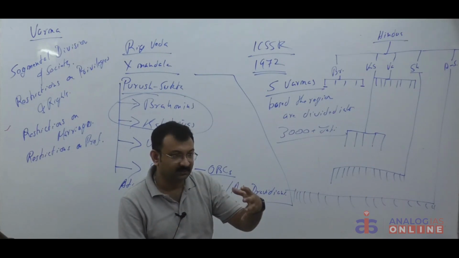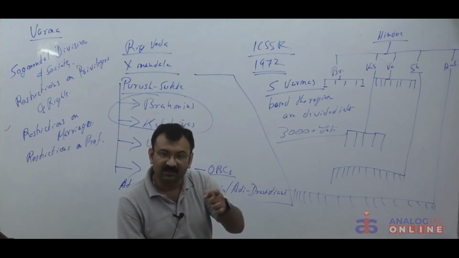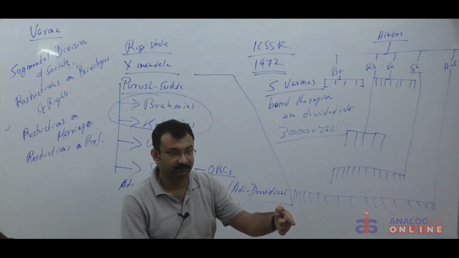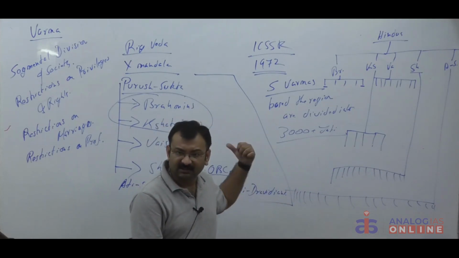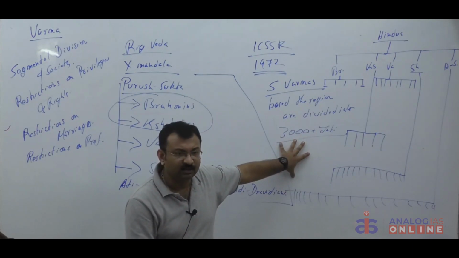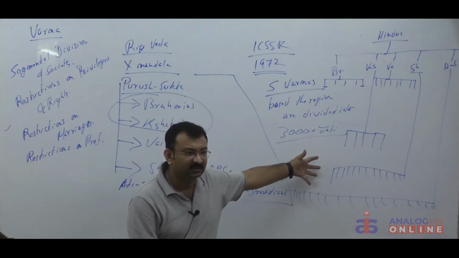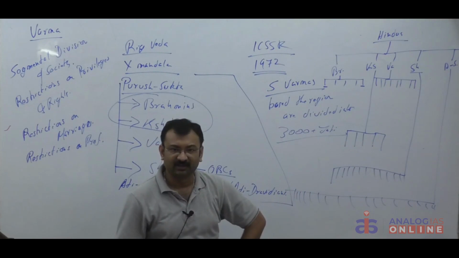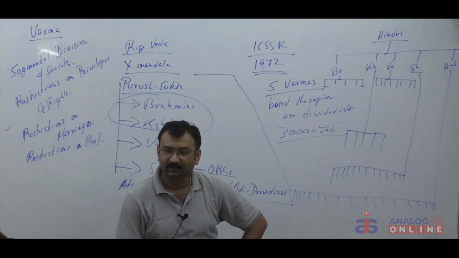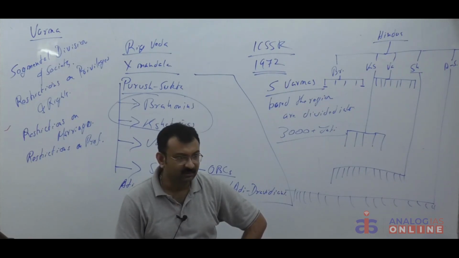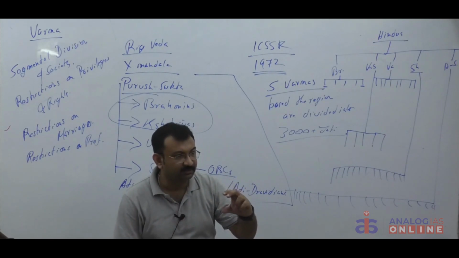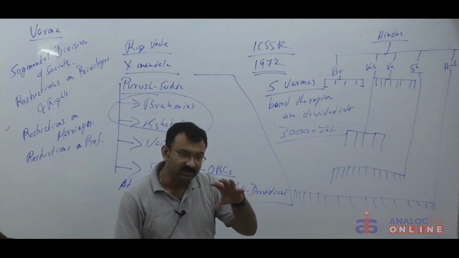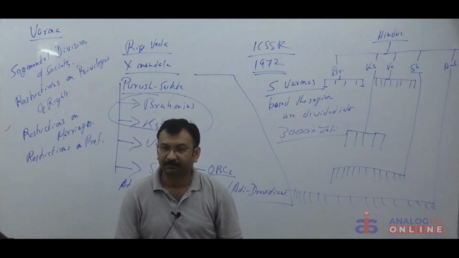You need these names to justify yourself, whether in GS or in optional. Who fought the case? After that Delhi High Court verdict, how did we get that verdict? Who fought the case? Lord Vishnu came down on earth and fought the case on behalf of humanity? No, right? So I need those names, whether in GS or in optional.